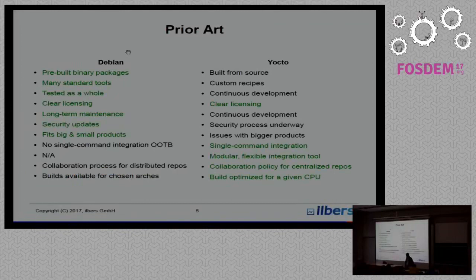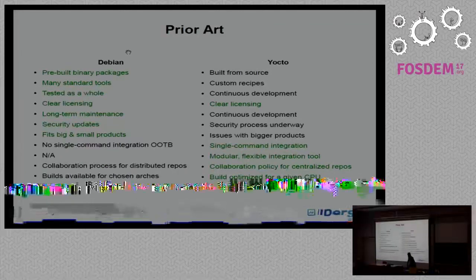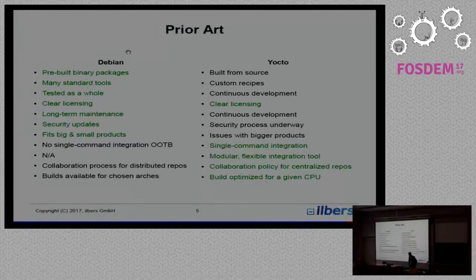Also, last but not least, one difference between them is that Debian focuses on certain pre-selected architectures. For example, if you take ARM, then only two of them are currently available, and with ARM CPUs you have a wide range of optimizations that could be important for you.